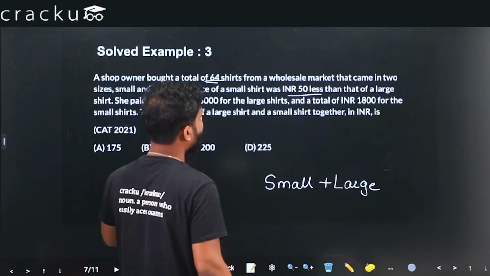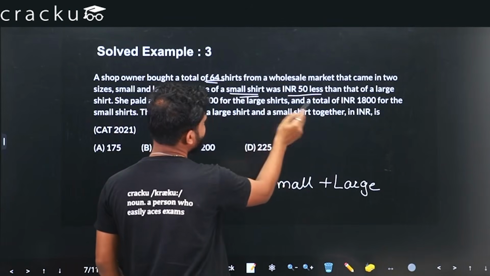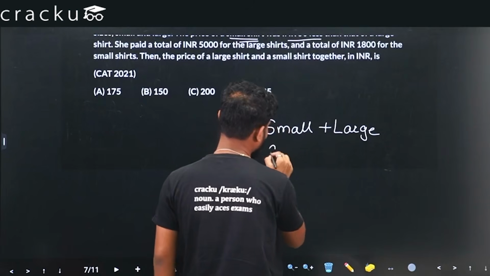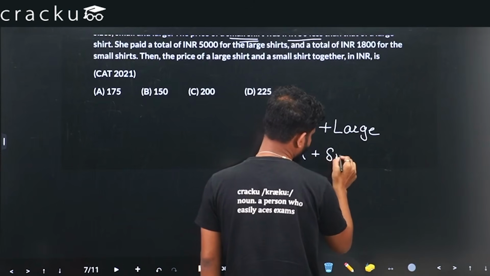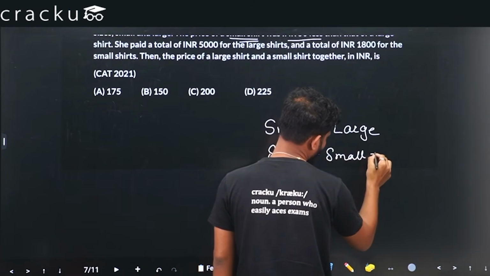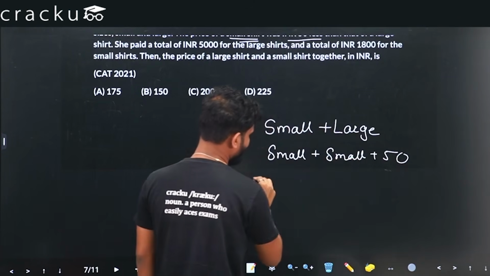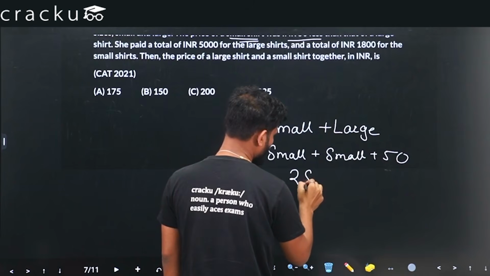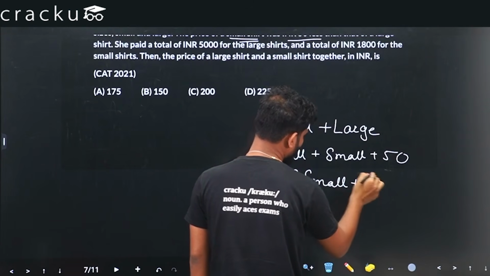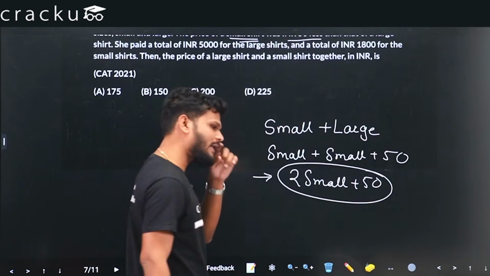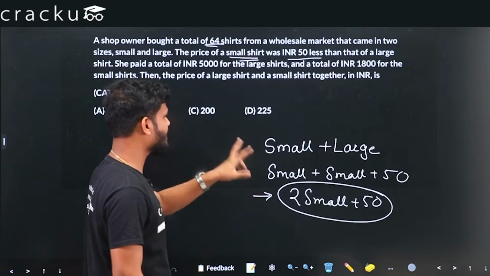But what we have given? We have given small was 50 less than large. So I can write large as small plus 50. This is nothing but 2 into small plus 50. This should be my answer. Now what I will do is that I will see the options.